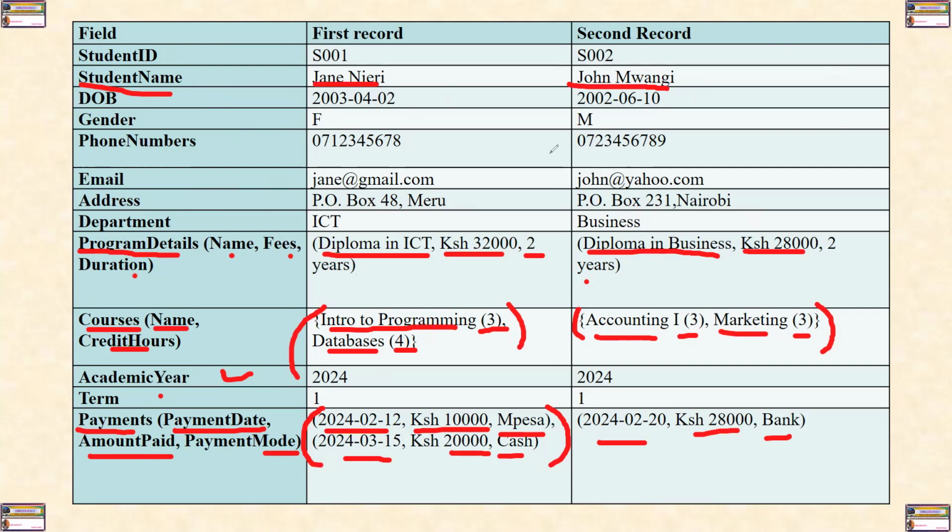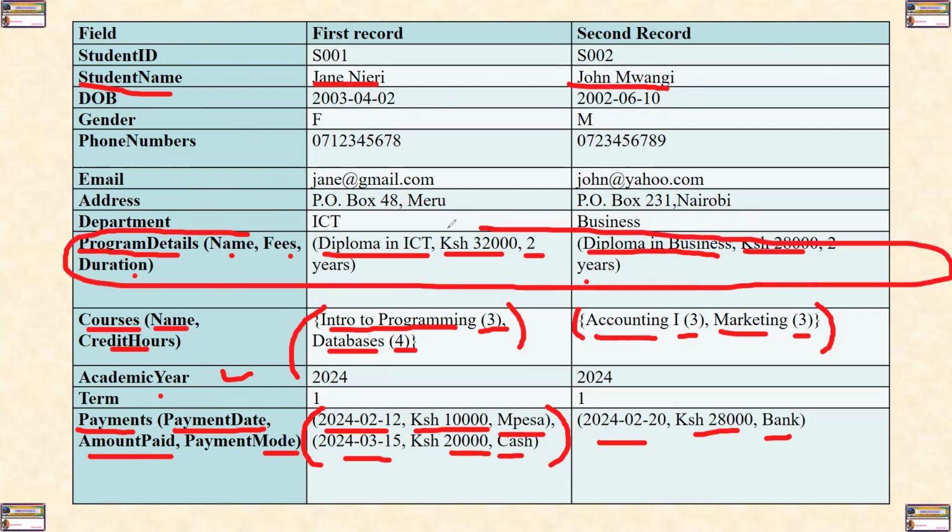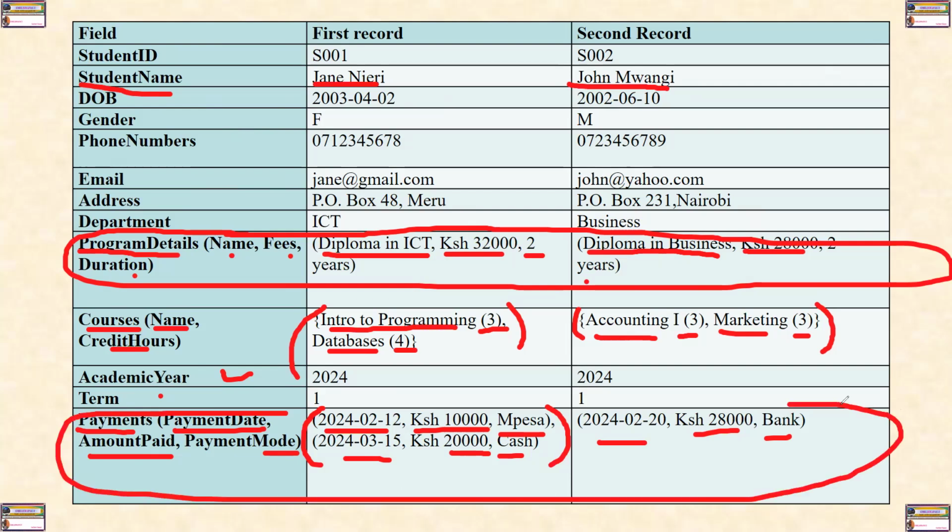What happens if, for example, you remove the program details from this table? By just deleting that field, the whole of it, you lose a lot of information at once. If, by mistake, the payments field is lost or deleted, what happens?